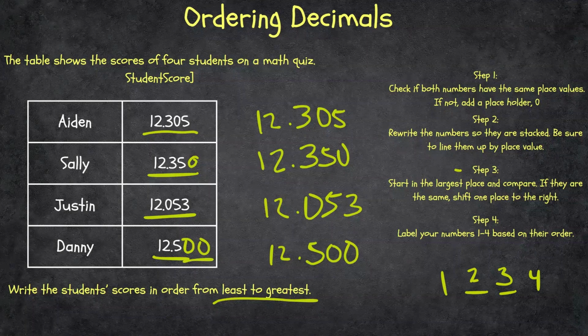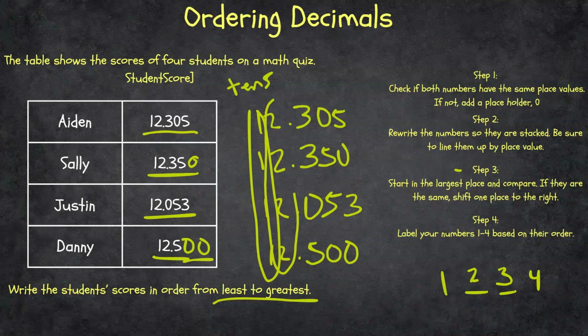Okay? So let's start in the largest place value, which is going to be the tens place. And I notice that they are all 1s. So I'm going to shift. I'm going to look at the 1s place. They are all 2s. I'm going to shift to the tenths. And I see something where they're not the same. A 3, a 0, and a 5.